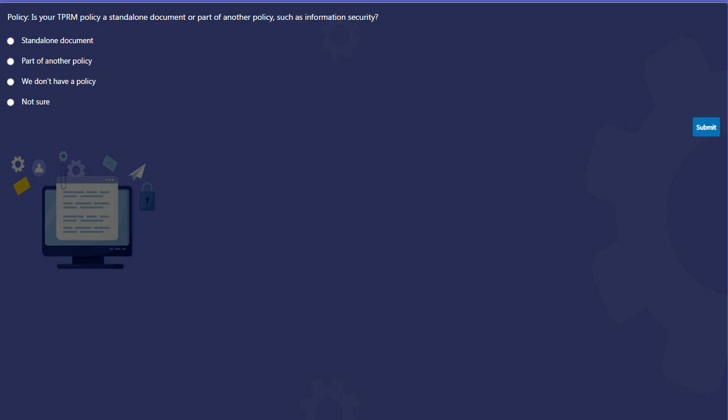And as such, that ownership and authorship really should sit with the most senior person in your third-party risk management program. If you only have one, it should still sit with them. This is important because they are on the hook for making sure that all the requirements and rules are reflected in that policy, and they're also responsible for overseeing and making sure those things are happening. So the most senior person of your TPRM organization should own that policy.